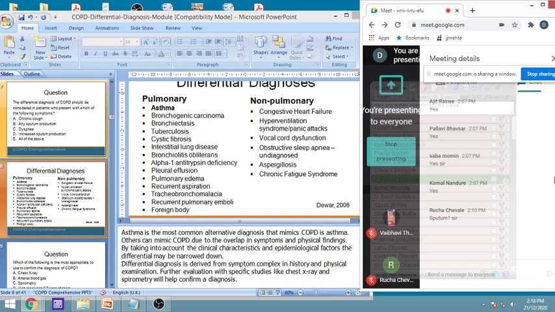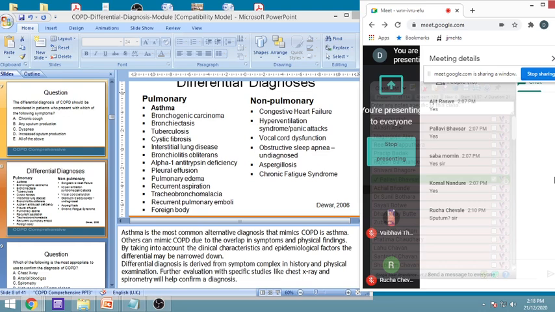By taking into account the clinical characteristics and epidemiological factors, the differentiation may be narrowed down. For example, tuberculosis, COPD and asthma all cause respiratory problems. So how to diagnose?